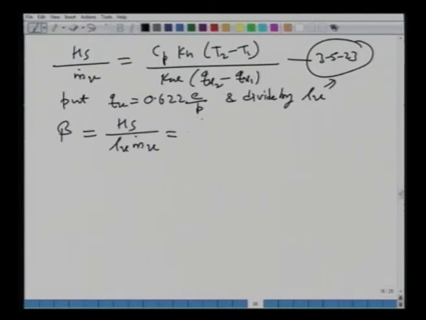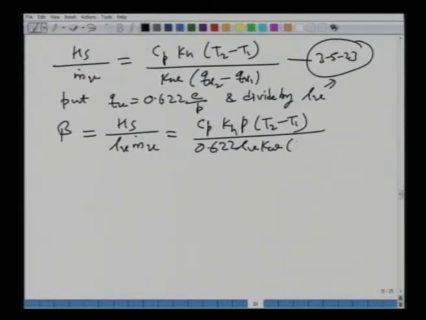Okay. All right. So, what we will have is Bowen ratio beta is equal to H s over L v m v dot is equal to what? This whole thing, C p K h P T 2 minus T 1 divided by 0.622 of your L v K w E 2 minus E 1, okay, or you say beta is equal to some gamma, all right, times just the physical variables which you will measure, T 2 minus T 1 over E 2 minus E 1.